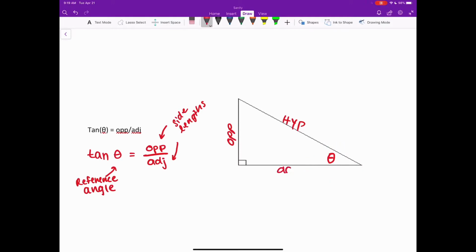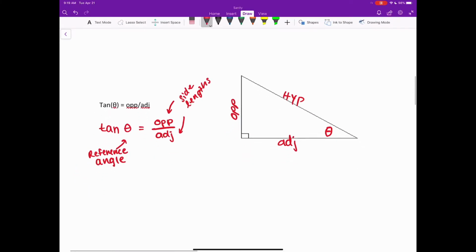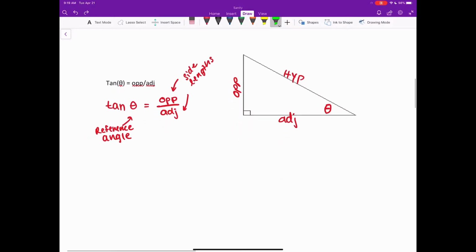So here would be our adjacent side. So tangent of an angle is really just referencing this ratio between the opposite side and the adjacent side.